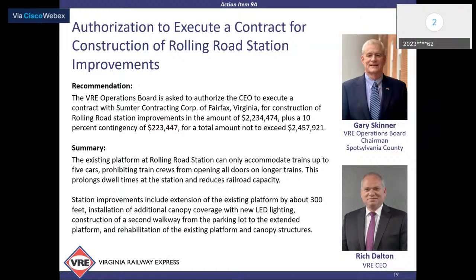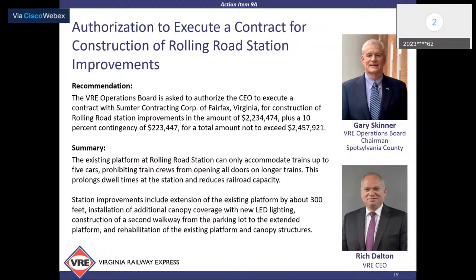In the recommendation, we're asking for authorization to execute a contract with Sumter Contracting Corp. of Fairfax, Virginia, for construction of the rolling road station improvements in the amount stated in the resolution plus a contingency for a total amount not to exceed $2,457,921.